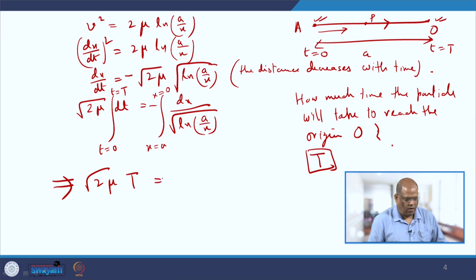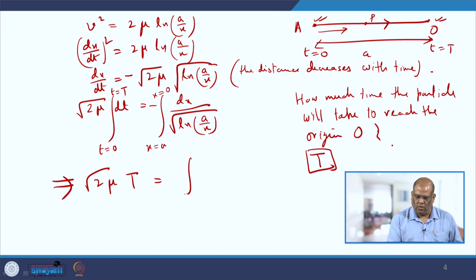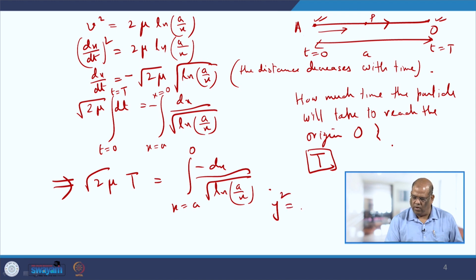And here you have to substitute. So, this is x equal to a to 0 with the negative sign, dx by root of ln a by x, and I will substitute y equal to root of this, or y square equal to ln a by x. So, let me rewrite this.